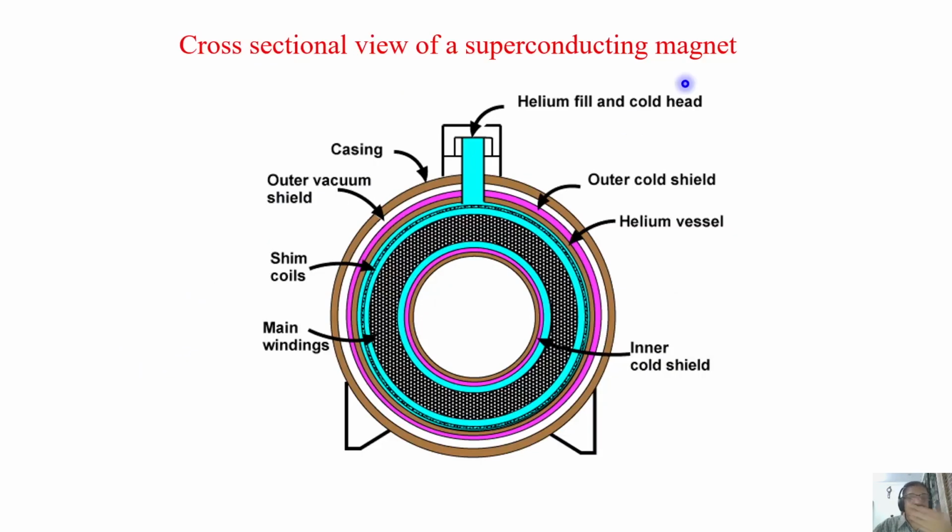Now, the cross-sectional view of a superconducting magnet. If you look at it, you see this is the inner bore, which is at room temperature. The probe is put. All your samples are here. You do the experiment at room temperature. You see concentric circles like this: helium filling chamber, a casing, an outer vacuum, shim coils, the main superconducting windings, and then we have a shield inside.